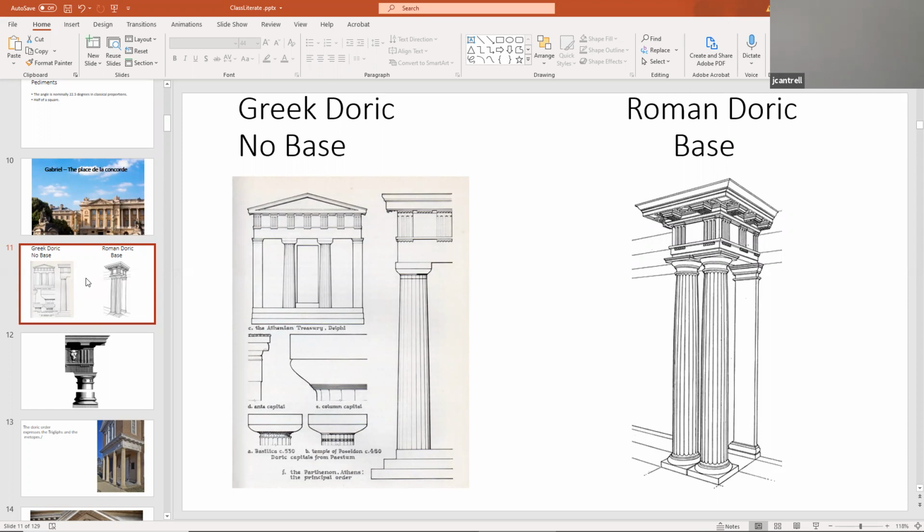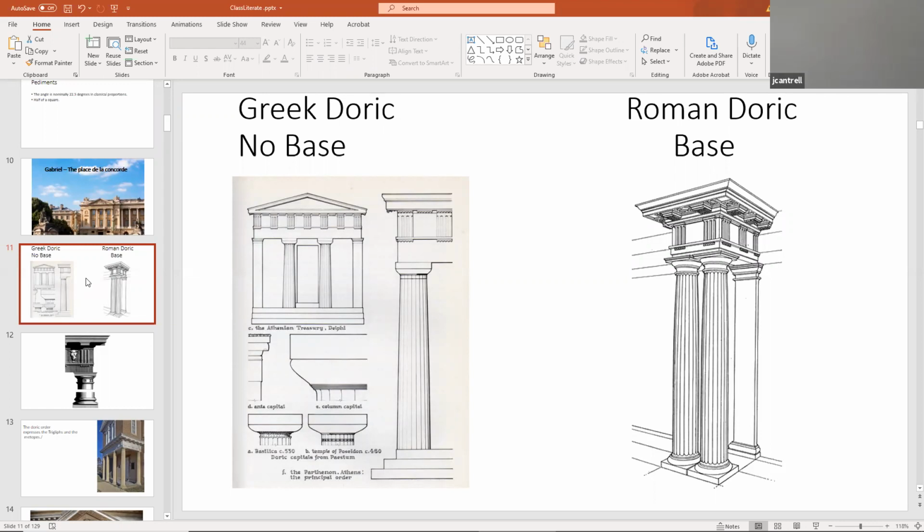The columns die into the plinth or the top of the steps. So in Roman Doric classical architecture, there is a profile base. So when you start looking at these, you can clearly see the distinction between the Greek Doric base and the Roman base.